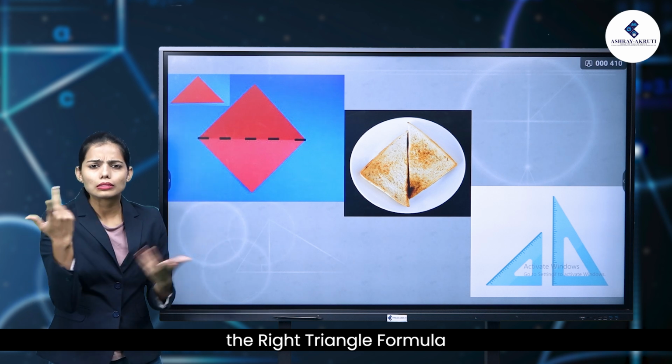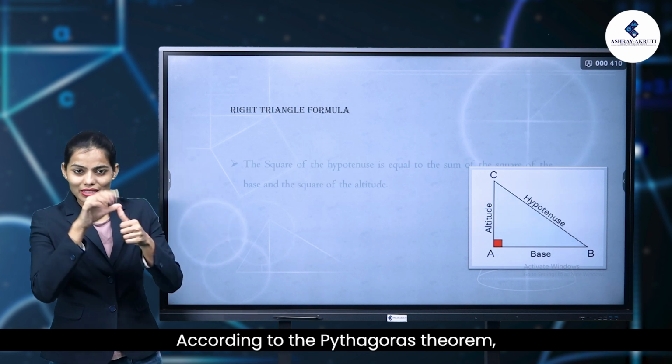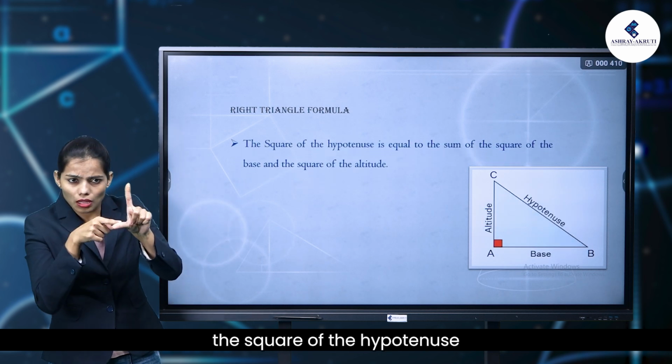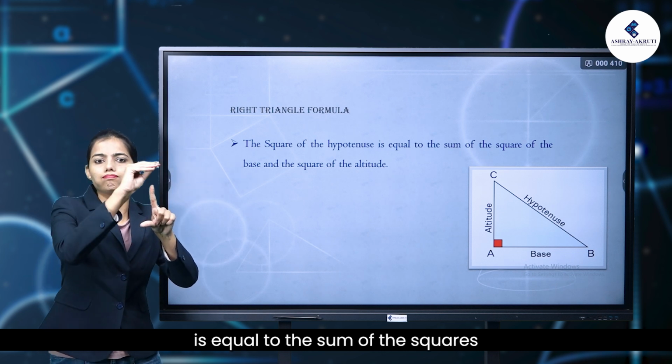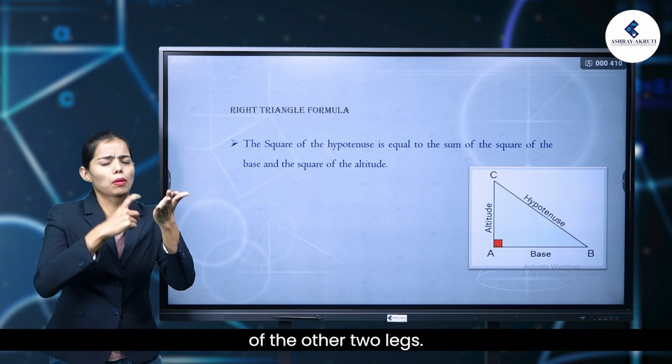Now, let us see the right triangle formula. According to the Pythagorean Theorem, in a right triangle, the square of the hypotenuse is equal to the sum of the squares of the other two legs.